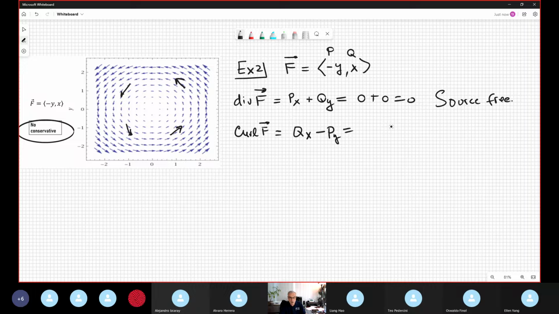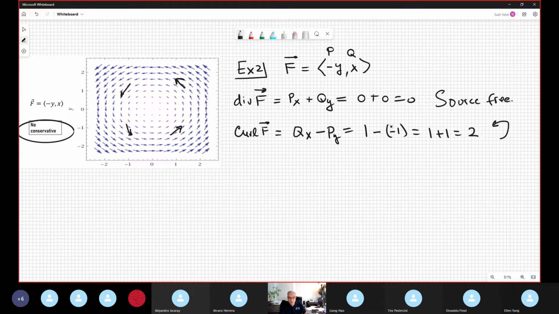Partial derivative of Q with respect to x, minus, the formula has a minus, partial derivative of P with respect to y, which is negative 1. Double negative becomes positive. 1 plus 1 is 2. So you discover mathematically that our vector field rotates counterclockwise in that direction.